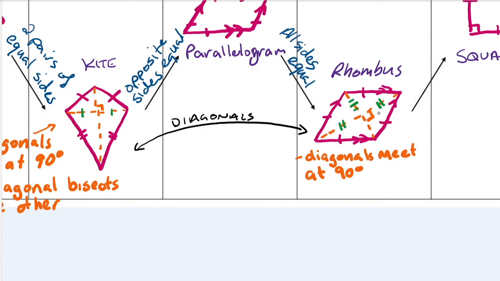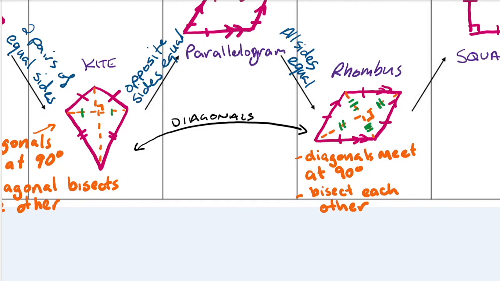So let's give these ones 3 dashes. So they do bisect each other and they do become equal to each other. Okay, so bisect each other. Okay, so cuts them down the middle.